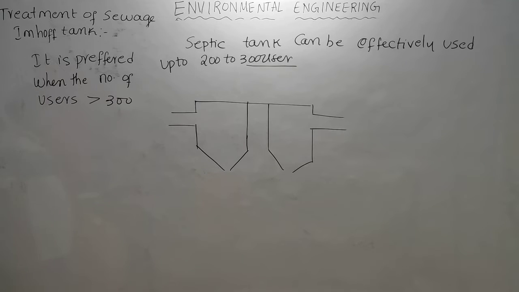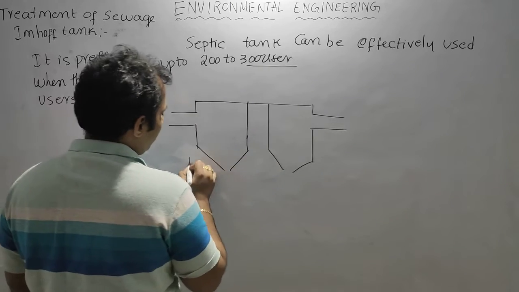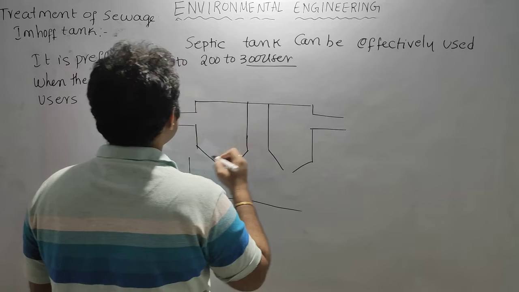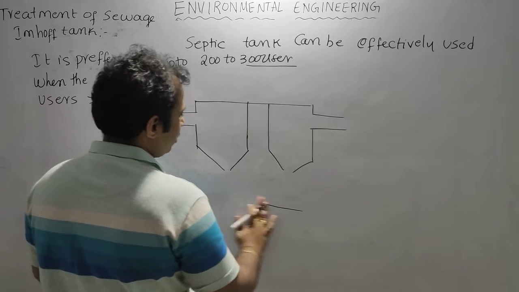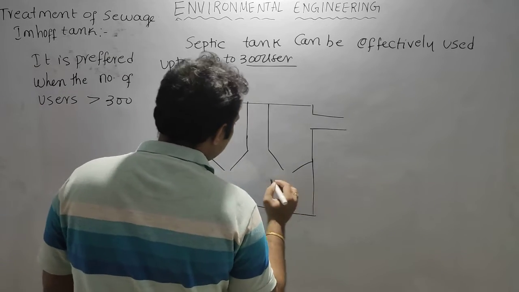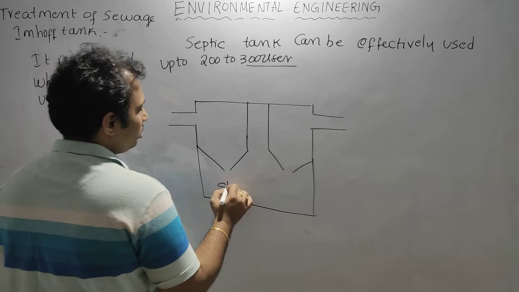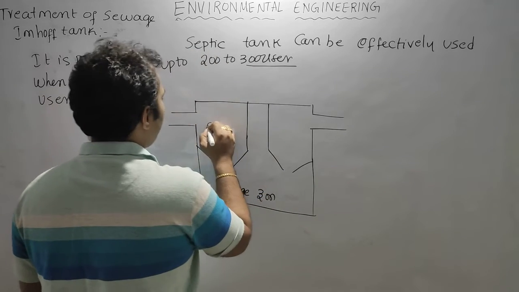There will be a small slot from which the sludge will come out from the sedimentation tank into the sludge digestion tank. From this small slot of the sedimentation tank, the sludge will come. This is the sludge zone. This is the sedimentation zone.